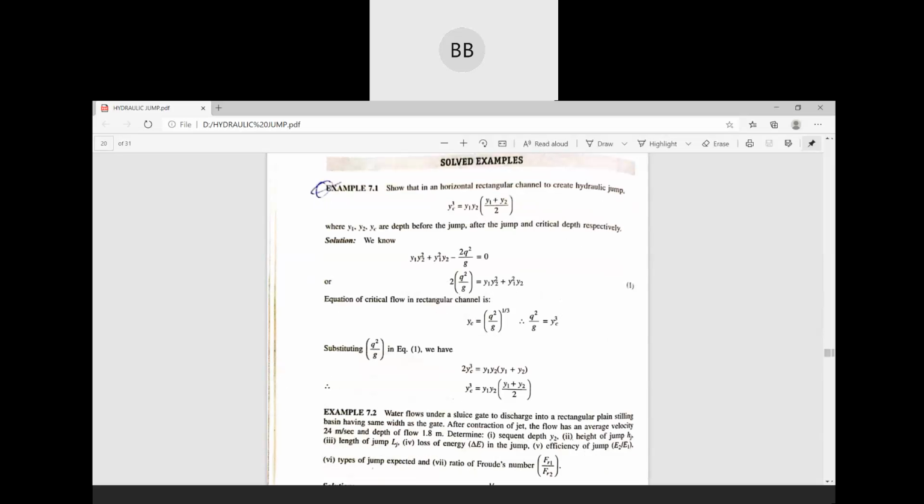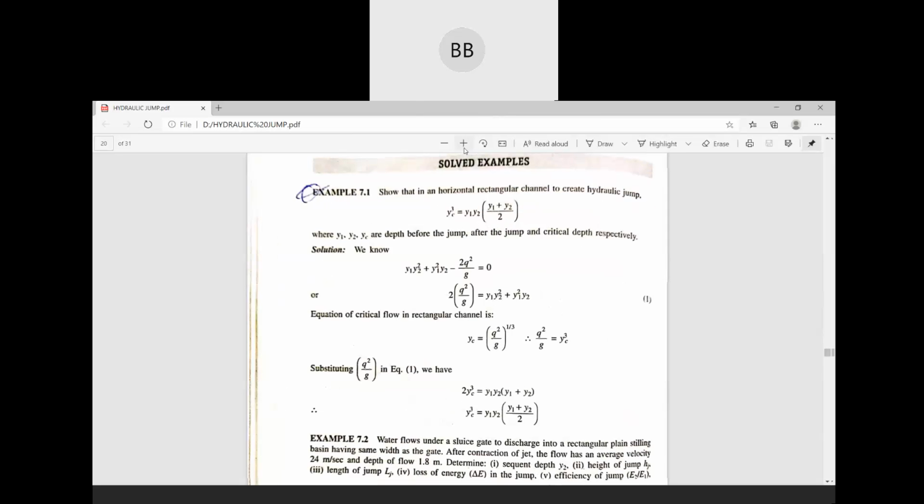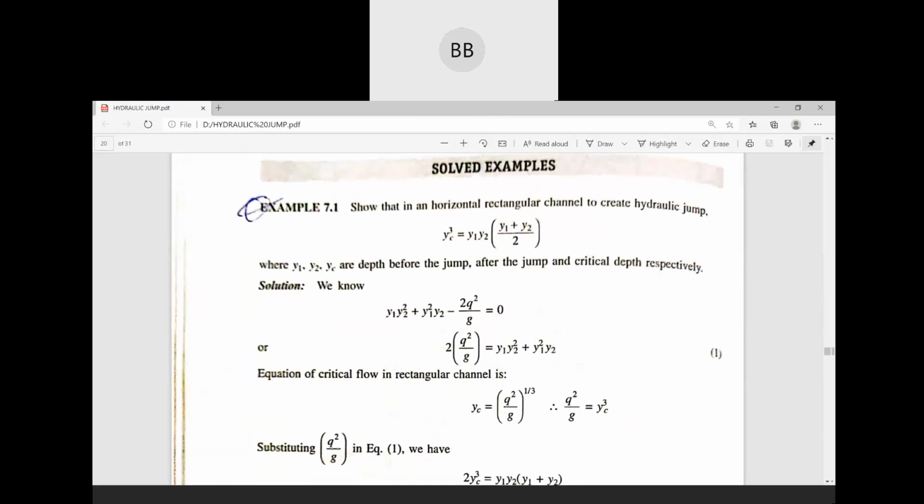So you write down this example 7.1. You write down this question.